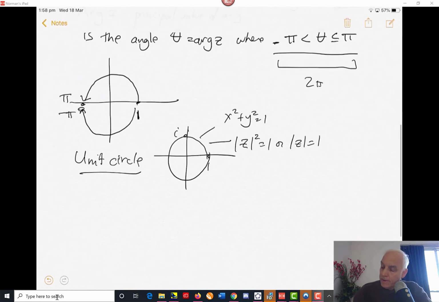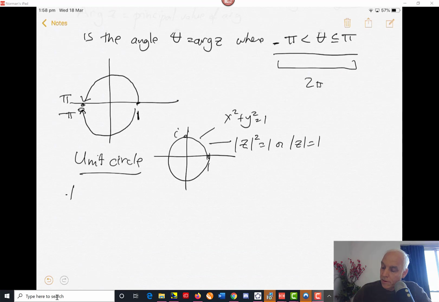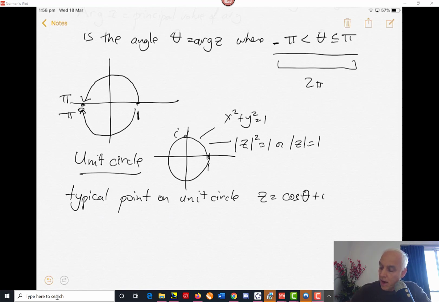And a typical point on this unit circle has the form z equals cos theta plus i sine theta, right, which just simply corresponds to considering an angle there, and then obviously the x and y coordinates of that point are cos theta and sine theta.